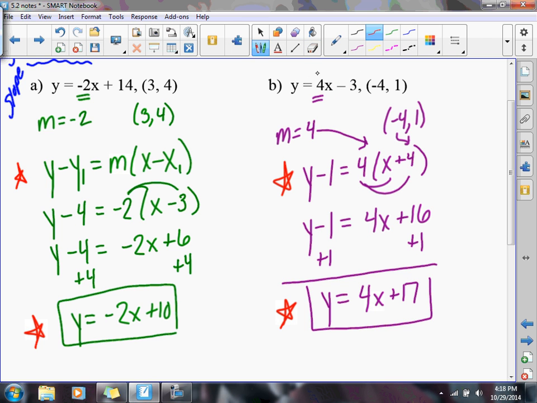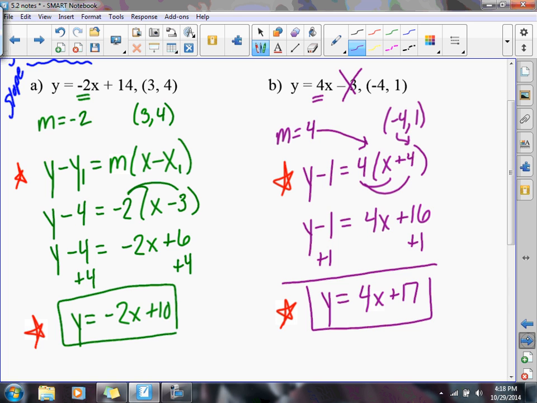My original line was y equals 4x minus 3. Now I have y equals 4x plus 17. So they both have the same slope. It's a 4x and a 4x, but the intercepts are different. So again, I don't need that negative 3 to do the problem, but it's good to double check that it's not the same value in my answer as what I started with up here.